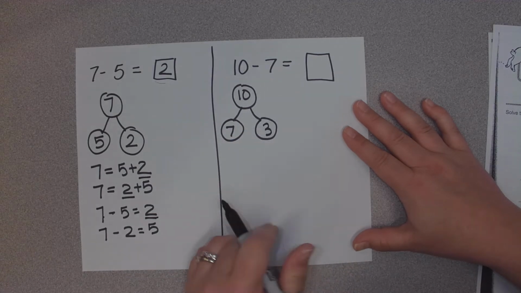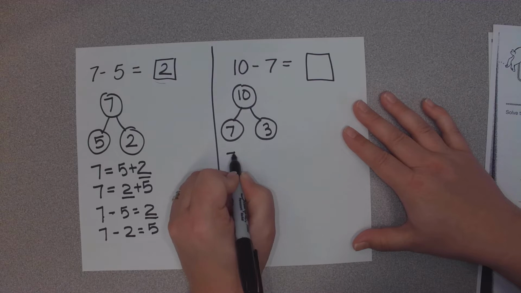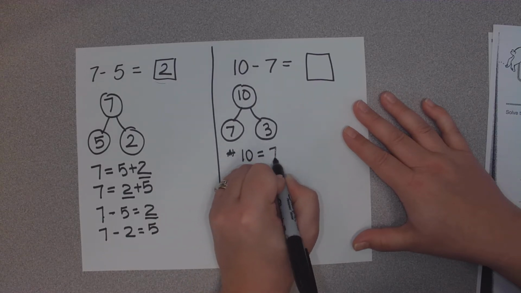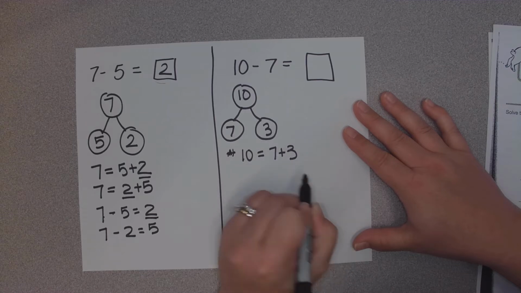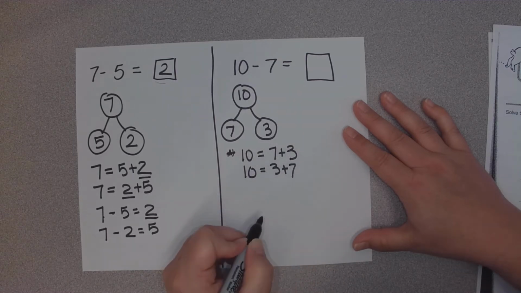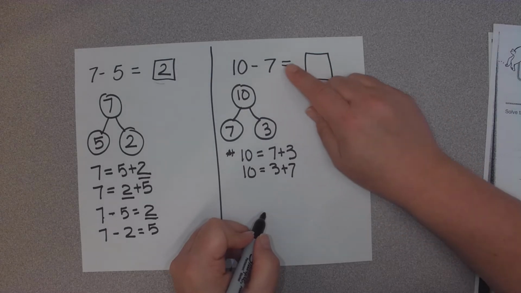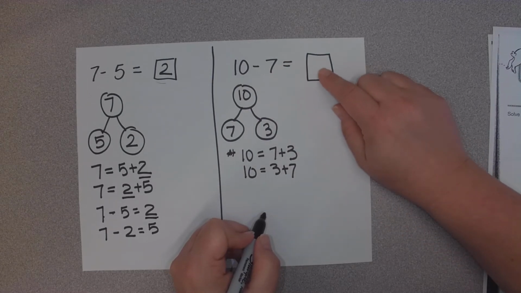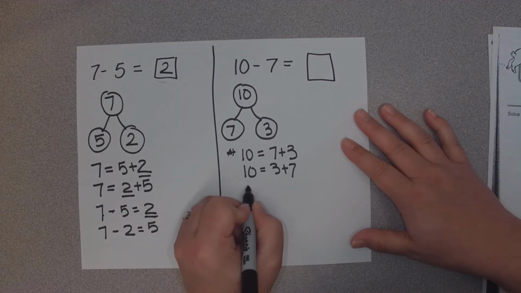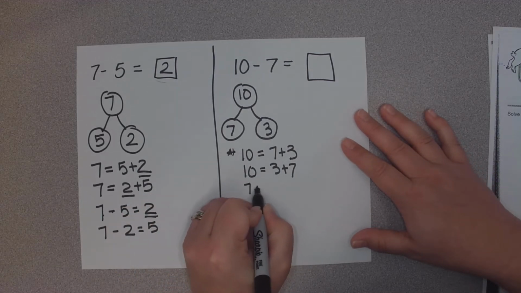All right, if we write our number sentences, I know 10 equals 7 plus 3. And I know 10 equals 3 plus 7. So I have the 7 here. What goes in there? The other part, right?